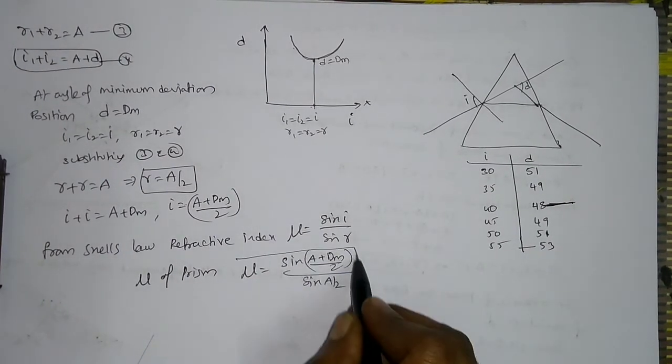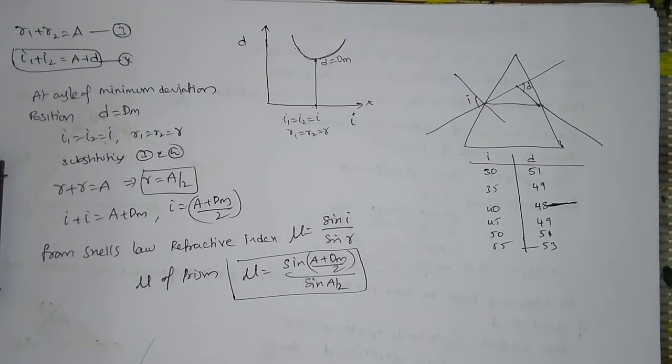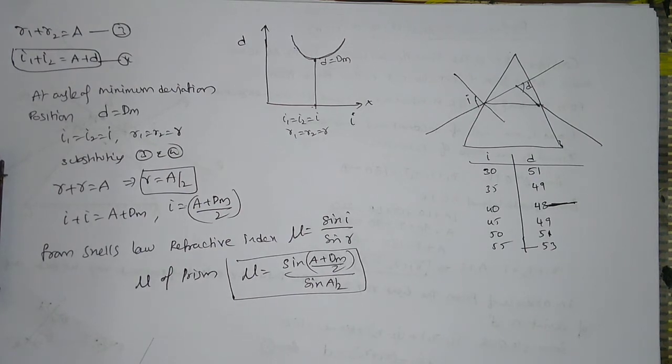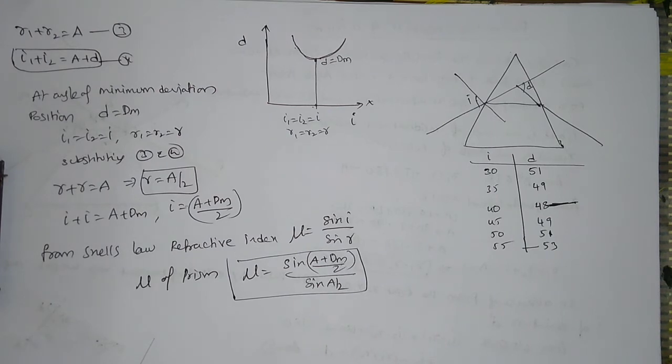This is the derivation for the refractive index of the prism. Here the refractive index of the prism depends on the angle of minimum deviation and also the angle of prism.